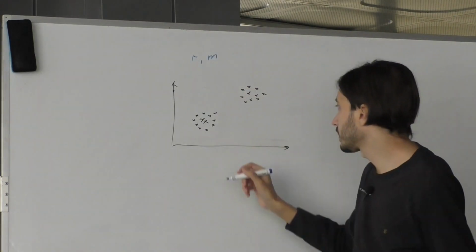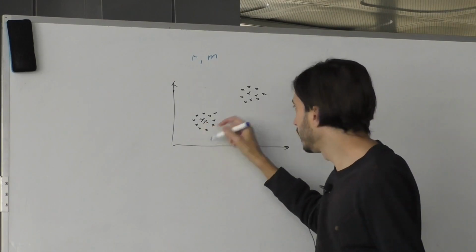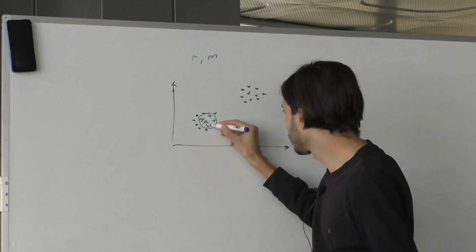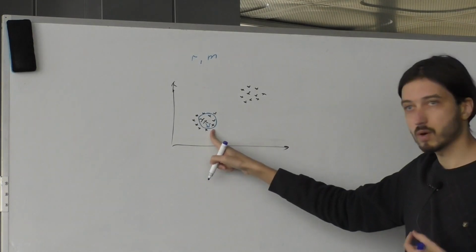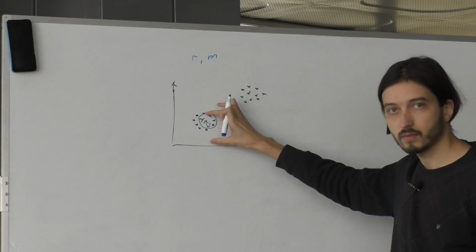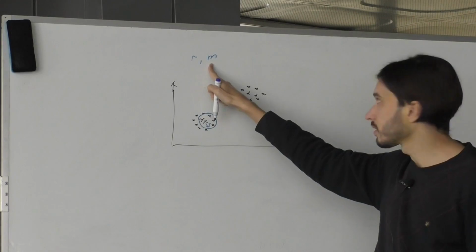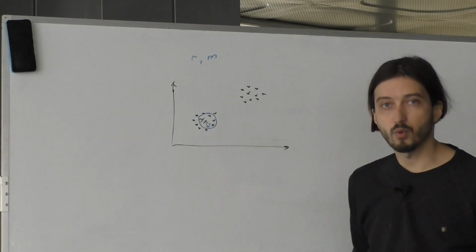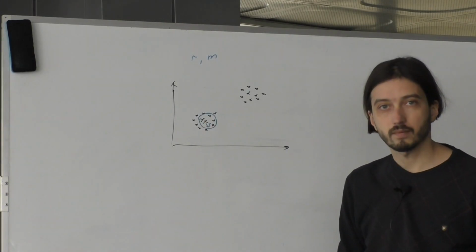If I'm taking some point from the data set, I'm taking this point, for example, I'm taking this radius r around this point, and I'm counting the number of other points that are getting inside of this radius. And if this number is greater than the value m, I'm saying that this point is a core point. So this point should belong to some sort of cluster.